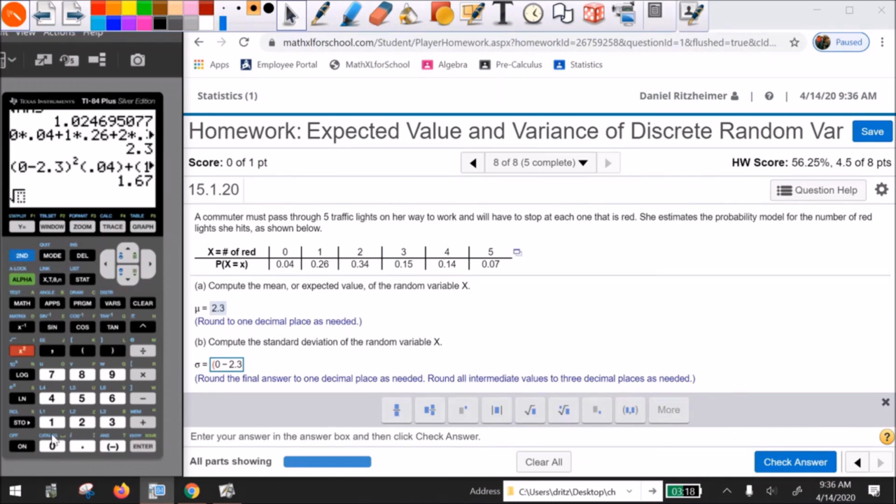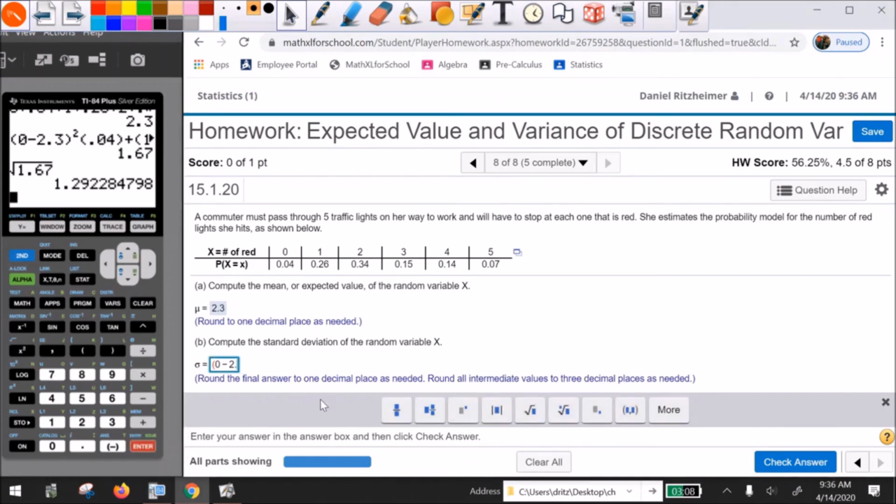Alright, found my variance, then I'm going to find my standard deviation. 1.29, so 1.3 if I round it to one decimal place.